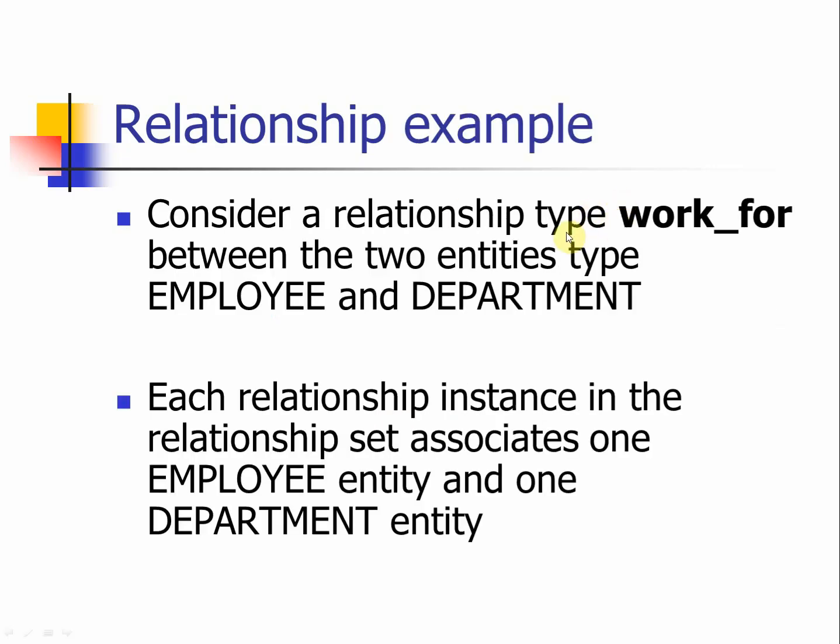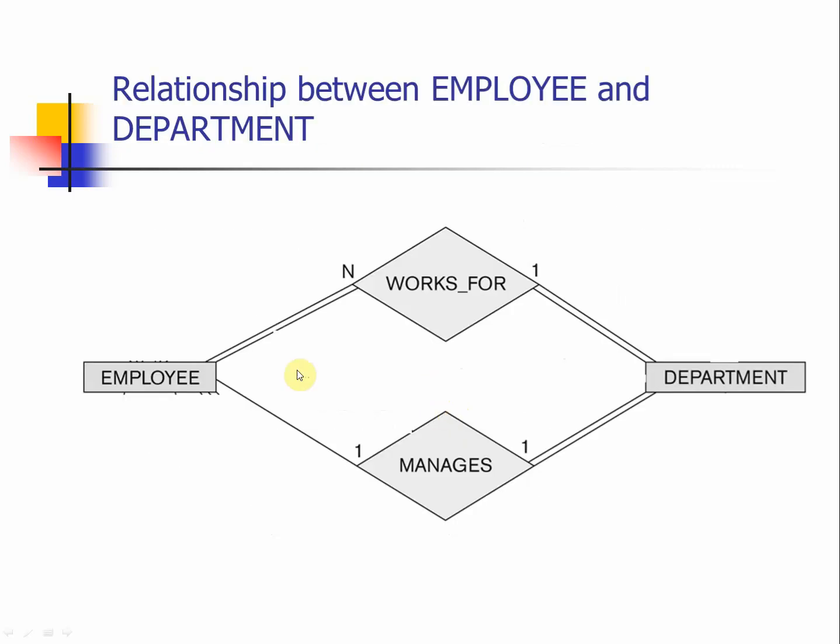Consider the relationship type works for, indicating who works for what department, between the two entities, employee and department. Each relationship instance in the relationship set associates one employee entity and one department entity. So if you take a look at this one, you will see that it indicates which department an employee works for.